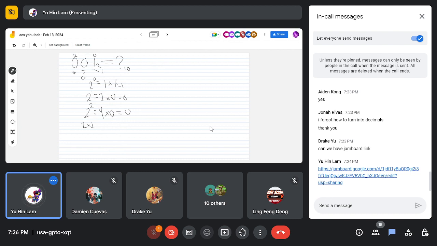So this digit will give us 0. And then our last step to convert this into decimals is adding the 3 numbers that we have together, and that will give us our final decimal number.